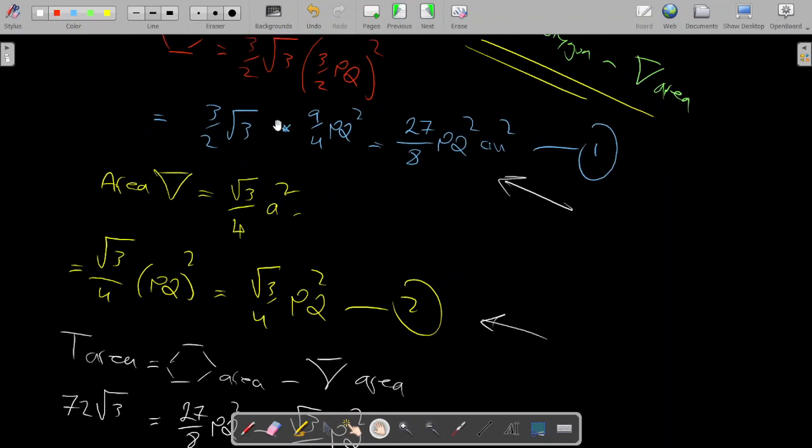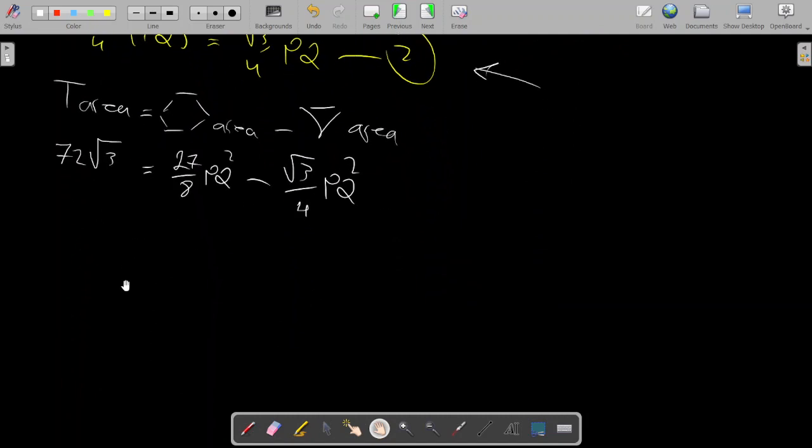By the way, this is a quick thing to add here to this equation. We almost forgot it. This is equal to 27 square root of 3. Sorry for forgetting about this part. So now my equation is going to look like this. So 72 square root of 3 equal to, what I'm trying to do here, I need to unify these two fractions, if you understand what I'm talking about.